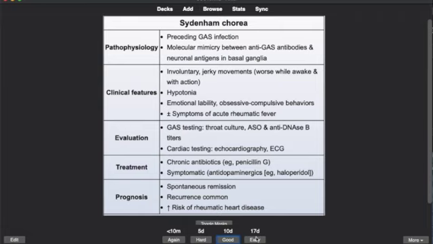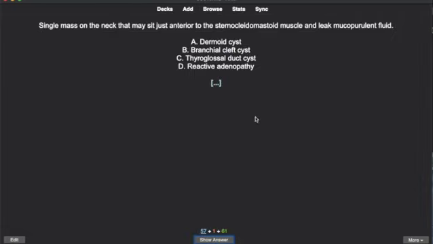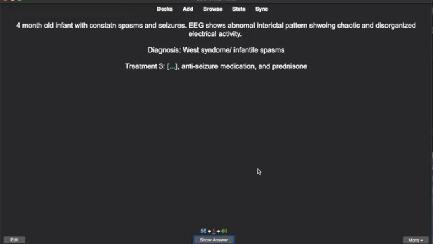There you go. Boom. Mass may sit just inferior to the ear and leak mucopurulent fluid. So not dead center. I remember thyroglossal is dead center, and dermoid. So branchial cleft. B. There we go.